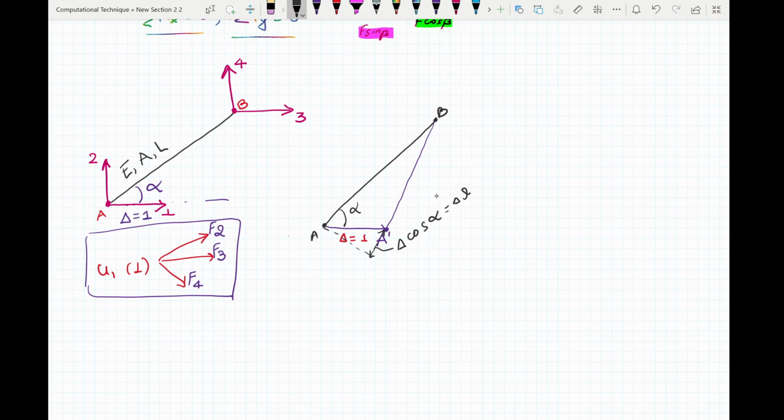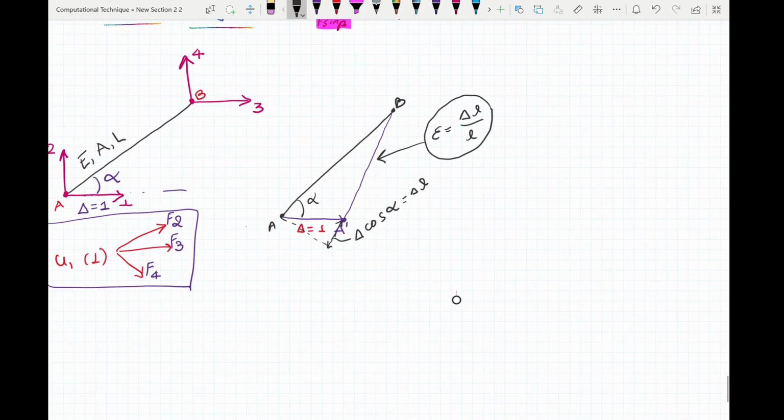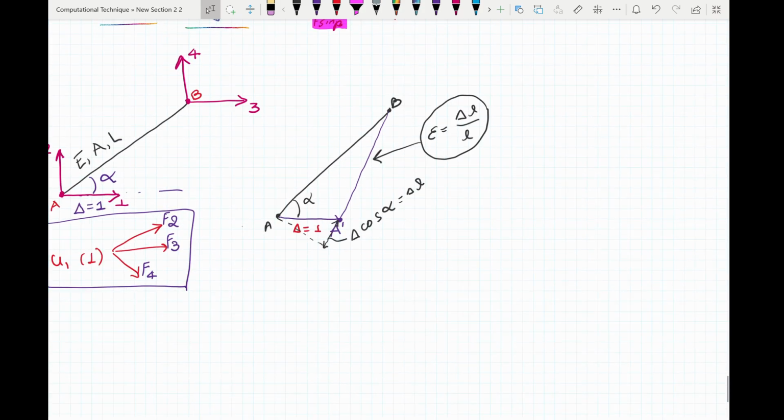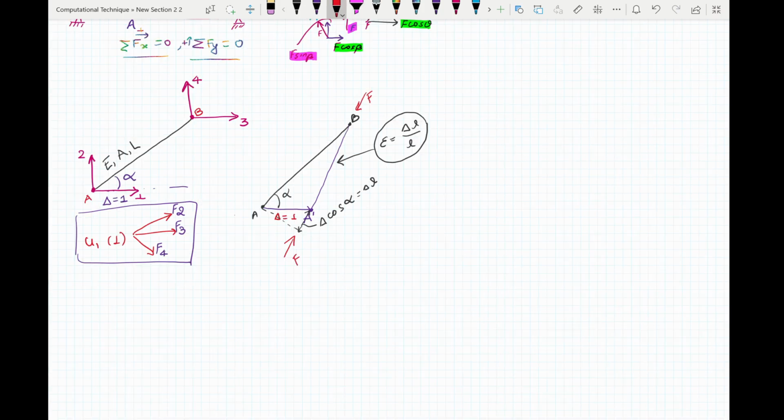Therefore this will induce a strain. The strain will be equal to delta L by L, and because of this there will be force occurring in this direction. Now we have to find the components of these forces in all these degrees of freedom.